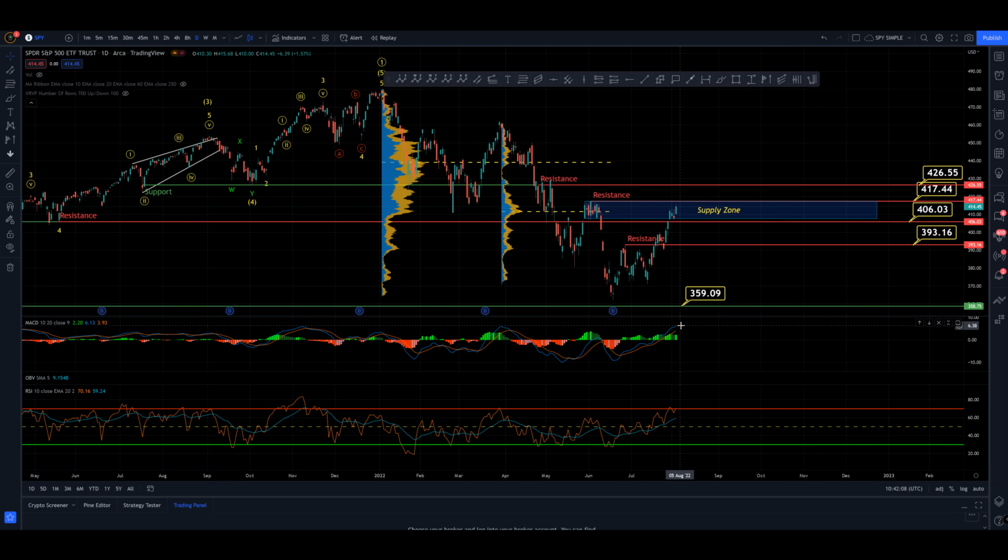We've come back to stronger momentum. That is not really indicative of a bearish downward trend. We would expect to see on the daily time frame momentum to the downside. If this is 1 and this is 2, we would have expected to see momentum actually increase to the downside and to see the bearish pressure increase. So it's definitely not impulsive.